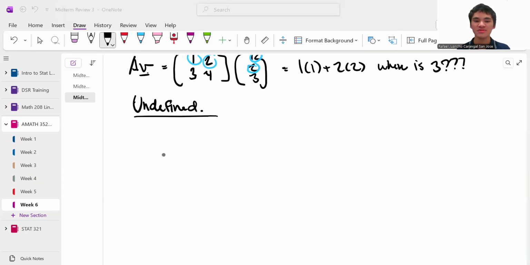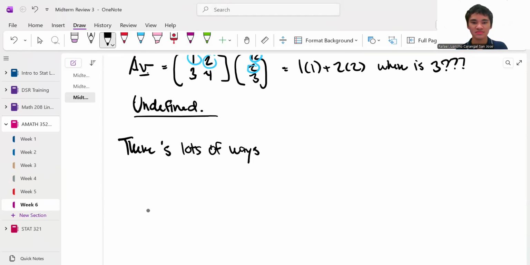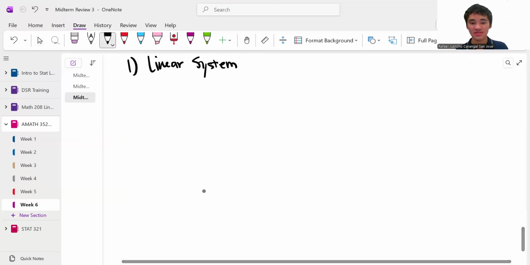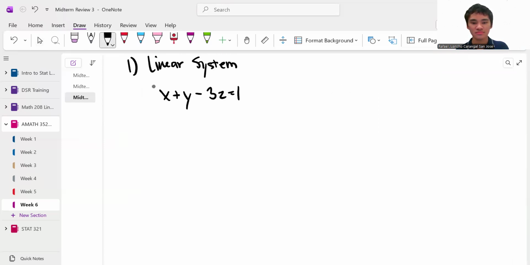Here they just tell us there are lots of ways to think about matrices. So one is a linear system. That's the most obvious one because we've studied that even before doing matrices, right? So for instance, we have this linear system.